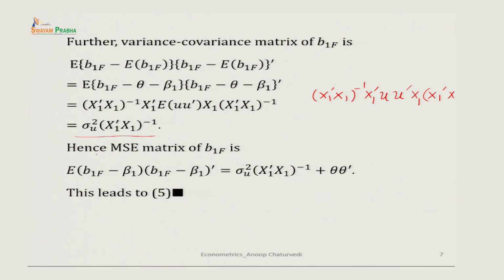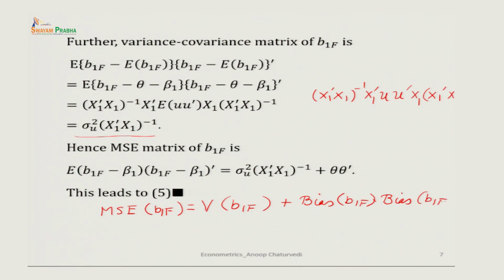Then we can easily obtain the MSE matrix. Actually, the MSE matrix of B 1 f is equal to the variance covariance matrix of B 1 f plus the bias of B 1 f times the bias of B 1 f transpose, and the bias of B 1 f is theta.